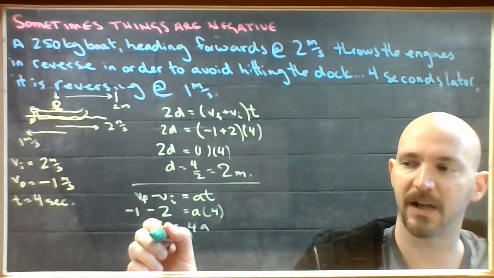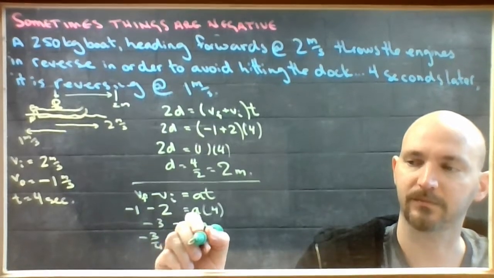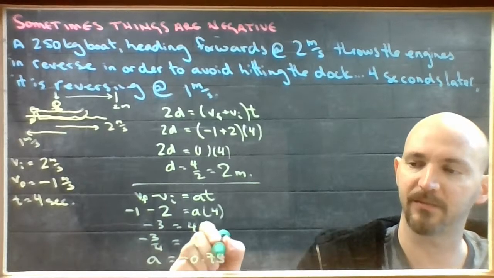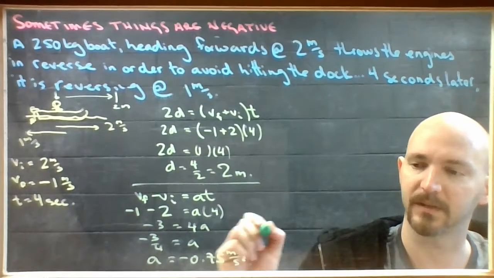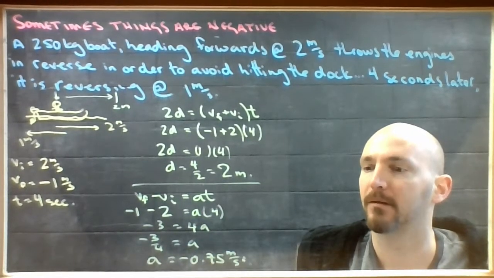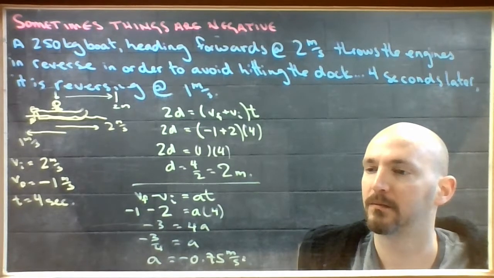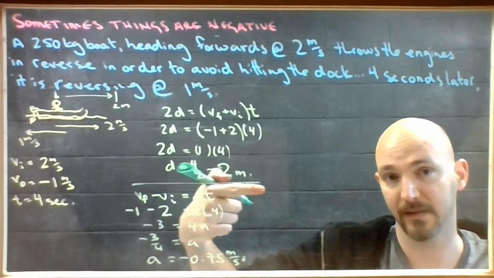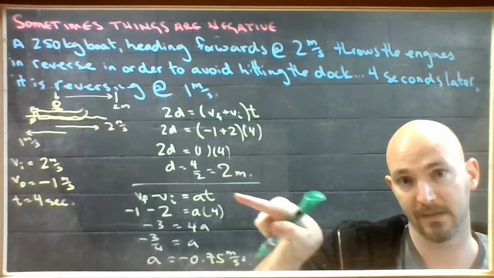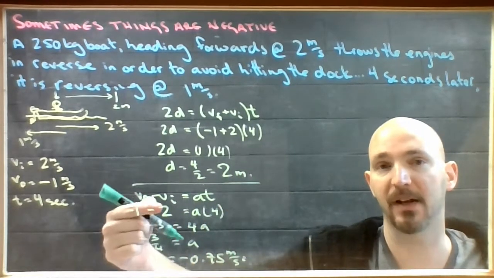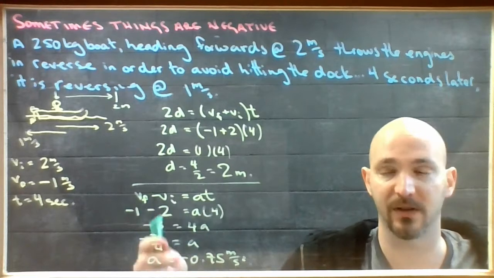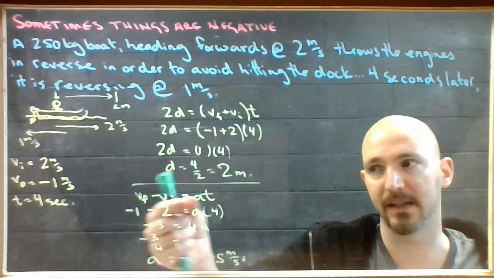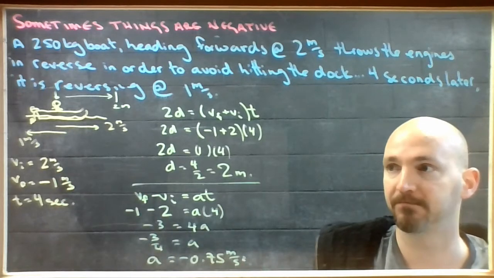Divide both sides by 4, and I get a is -0.75 meters per second squared. Lovely. Now that should make sense. If the boat was headed this way, and then eventually it's headed that way, then the acceleration has to be in the leftward direction, so that this rightward velocity comes to a stop and then is eventually pushed leftward.